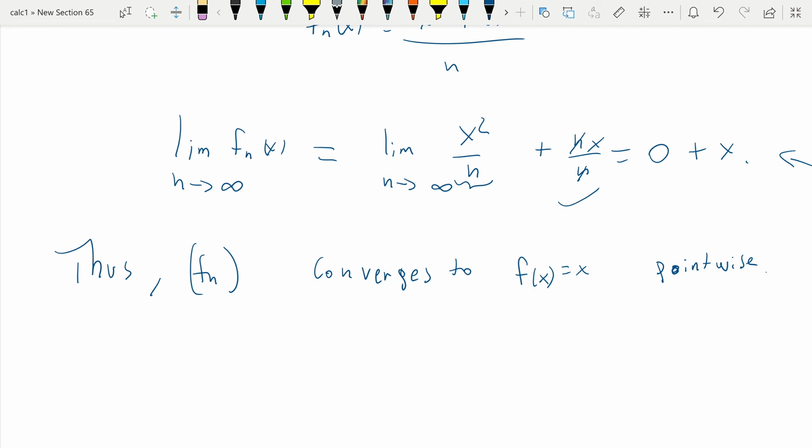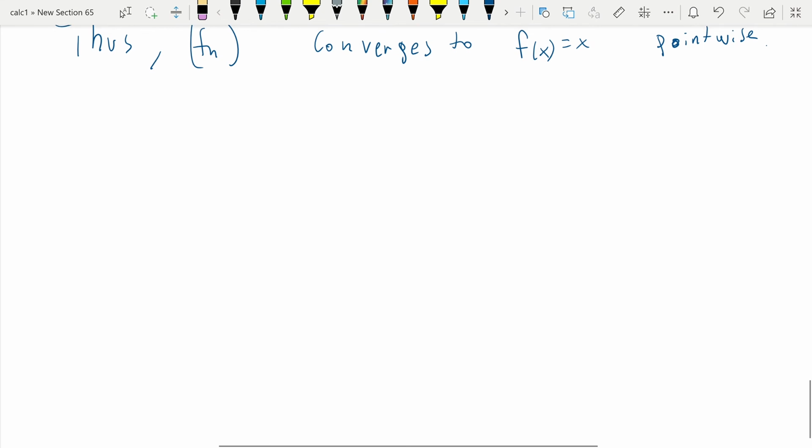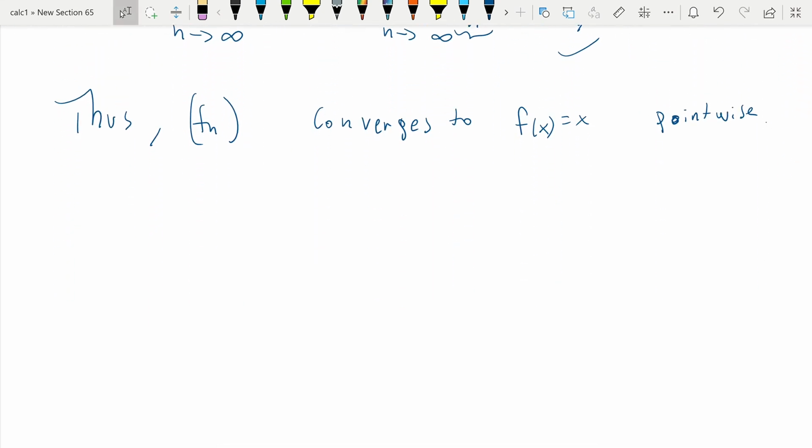And why do we care about this? Because one of the things we want to say is, if we have a sequence of functions fn of x that are continuous, then the limit is continuous. I mean, if the sequence of functions converges to a function f, can the continuity of the limit be inherited from the continuity of the functions?